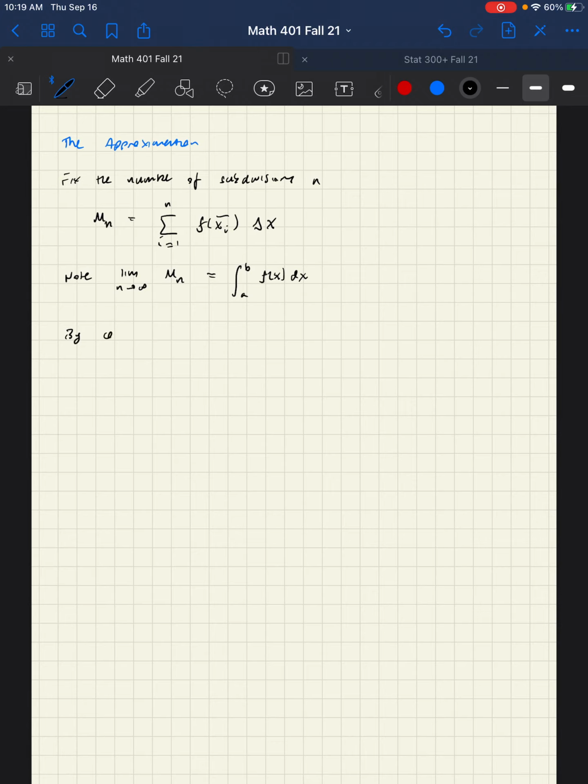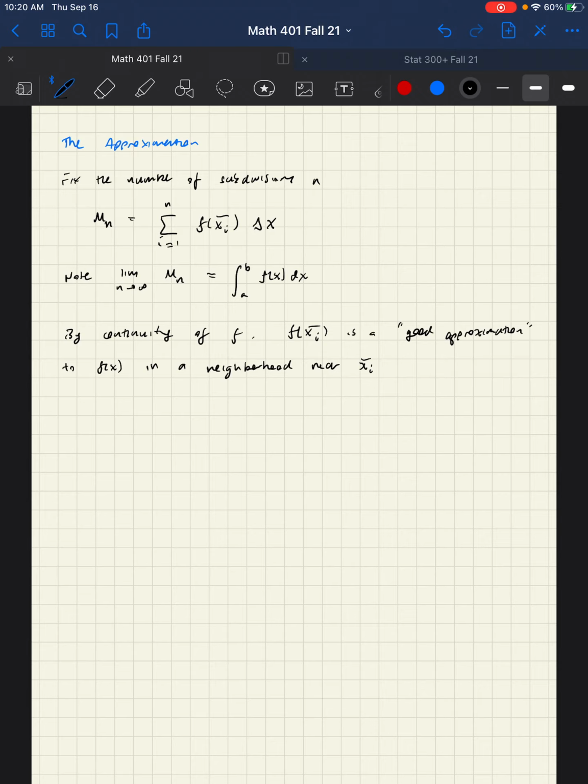So how does this work? By continuity of f, which is an assumption that we're going to assume here, f of x sub i bar is a good approximation to f of x values in a neighborhood, so in some interval near x sub i bar.